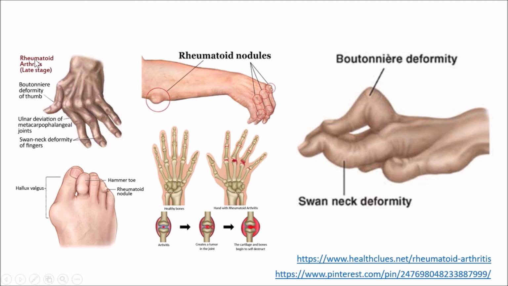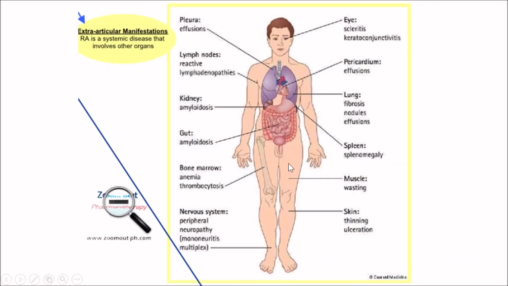Here you see rheumatoid arthritis in the late stage, the boutonniere deformity of the fingers, the ulnar deviation of the metacarpophalangeal joint, the swan neck deformity of fingers. You see here the rheumatoid nodules, the high power of the boutonniere deformity and the swan neck deformity of fingers, better shown here.